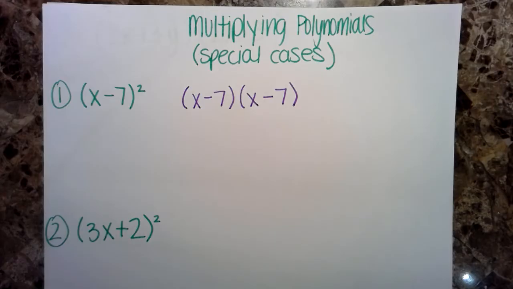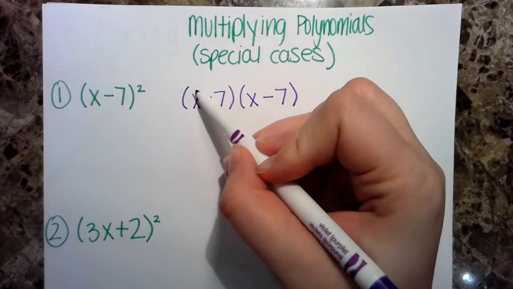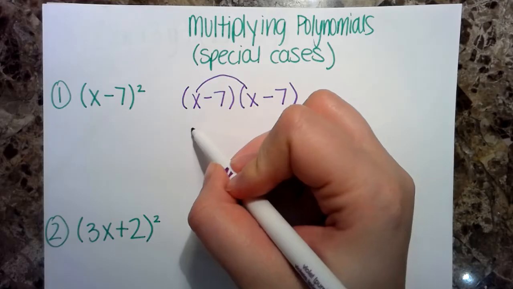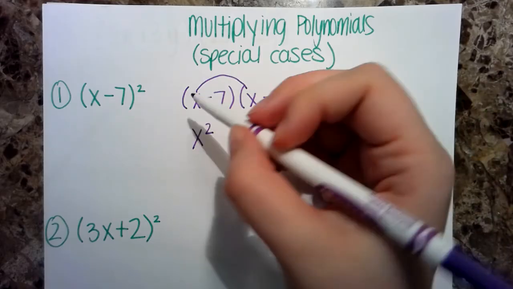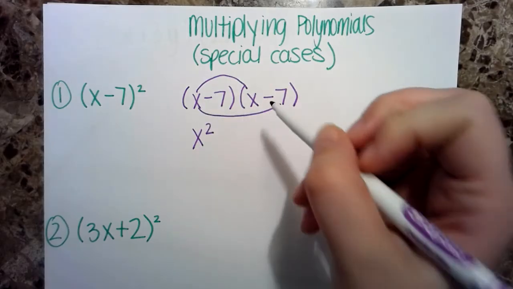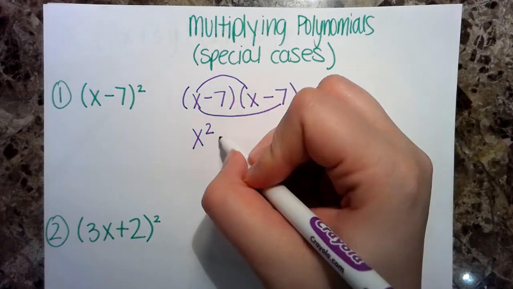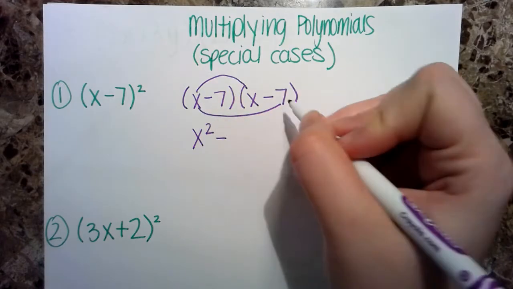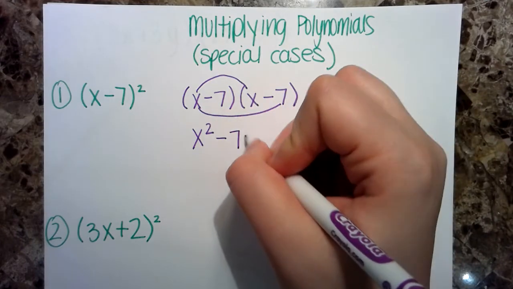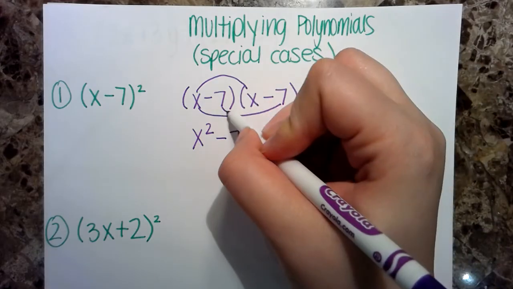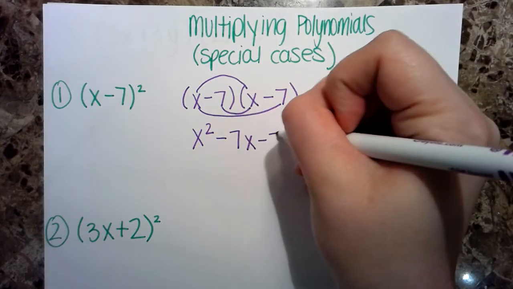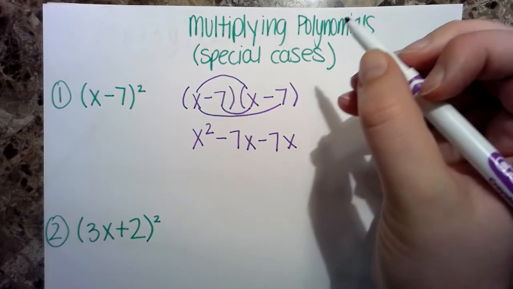First, x times x is x squared. Outer, x times negative 7 gives you negative 7x. Negative 7 times x is negative 7x, that's your inner.